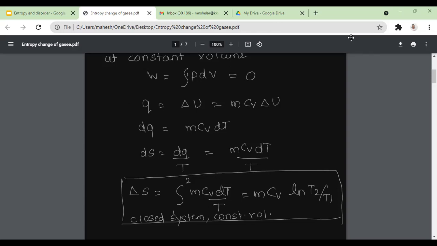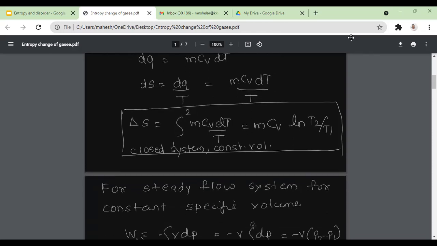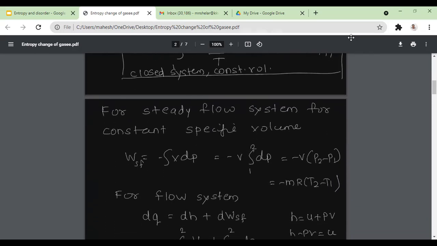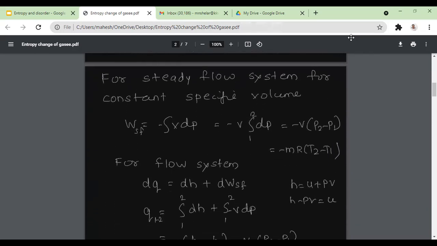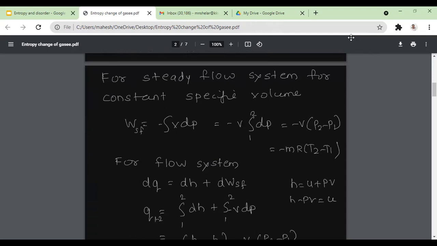Similarly, if the system is an open system, and when we talk about open systems in our course, we will be dealing only with the steady flow system. For a steady flow system, as was discussed, the work transfer is given by the area behind the pressure-volume diagram, which is minus integral of V dP.